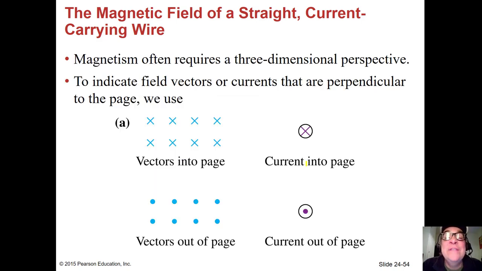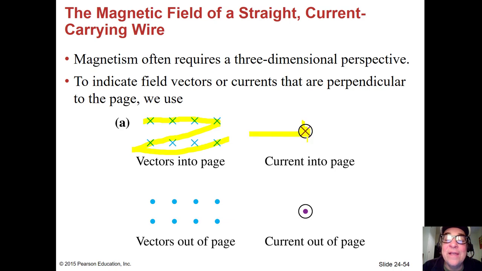Now we're going to be dealing with 3 dimensions, so if you have a piece of paper in front of you, you might say north, south, east, and west on a piece of paper. But now we also have up and we have down. So there's 3 dimensions. If something's pointing into the page, we represent that as arrows, and it might look something like this.